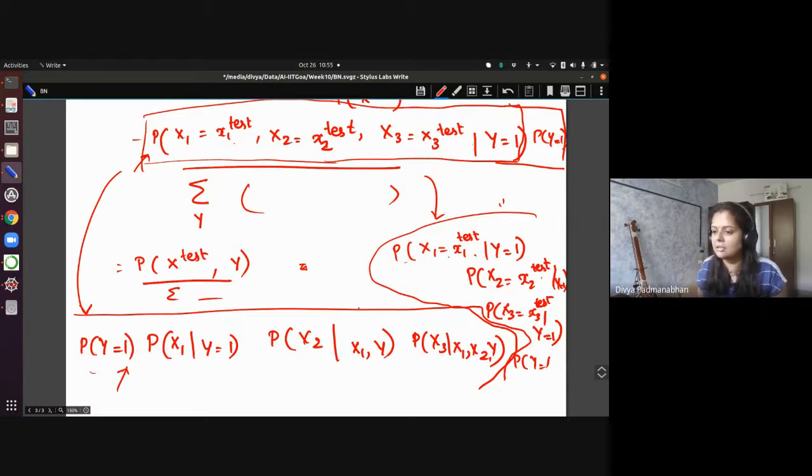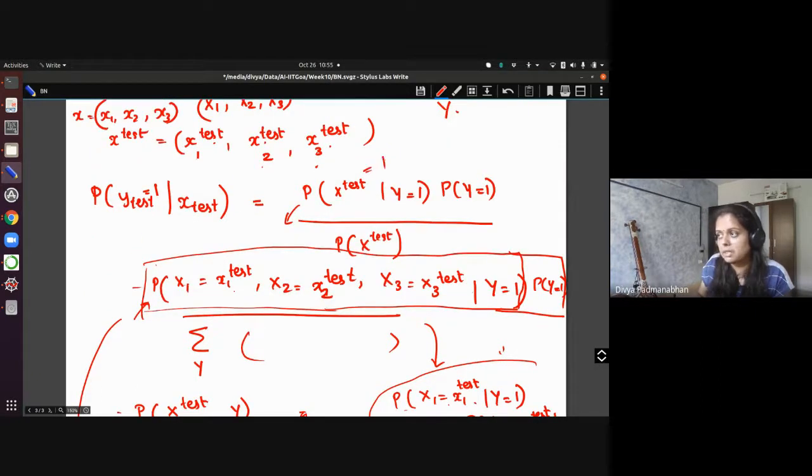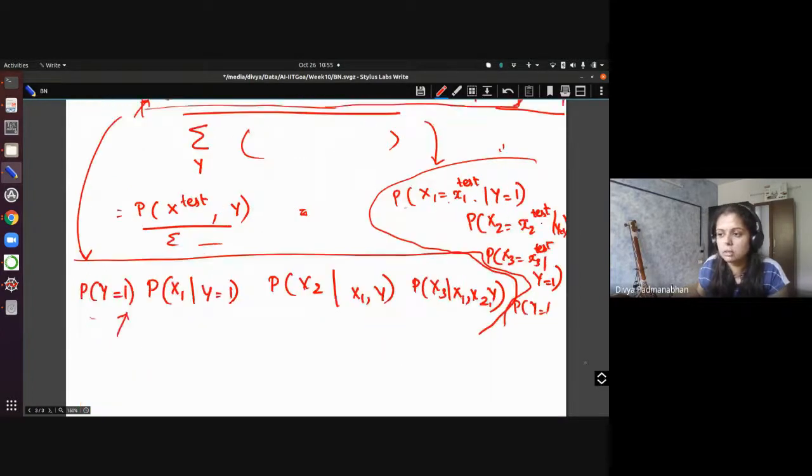The other possibility, to estimate this whole numerator, which is just the probability of x test and y, is to have a model for this joint probability. That would mean writing out the chain rule in complete generality. Again, it's the same issue that there are a lot of parameters here, and to estimate all of them with data is not possible. So conditional independence is a simplifying assumption.